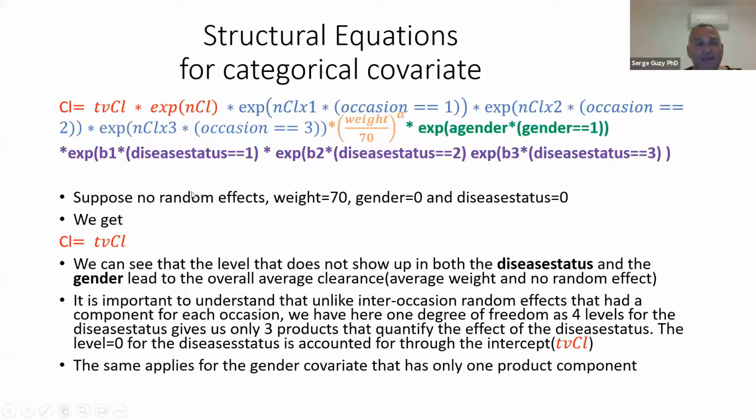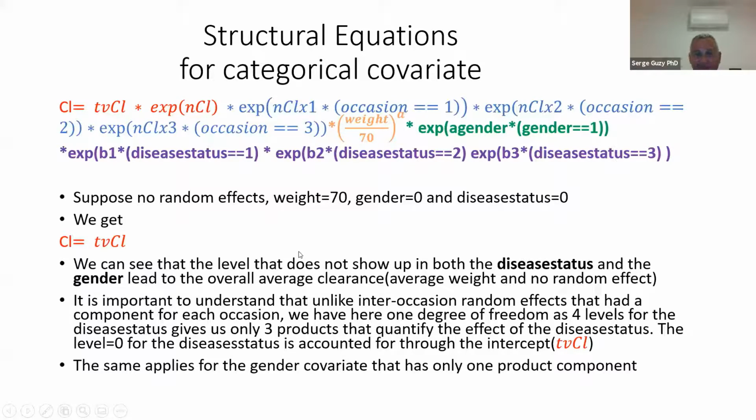The program is going to estimate B1, B2, and B3, and is going to read for each patient what the disease status is. Most of the time, the disease status is the baseline disease status, which is a time-independent covariate, which means that the covariate doesn't change with time within the same individual.